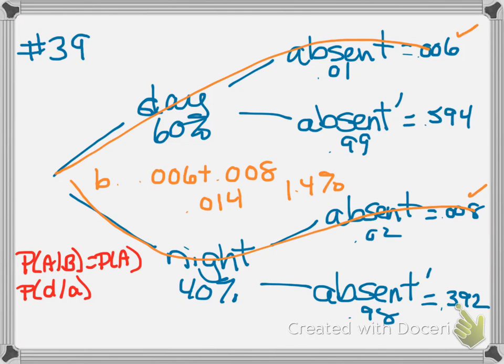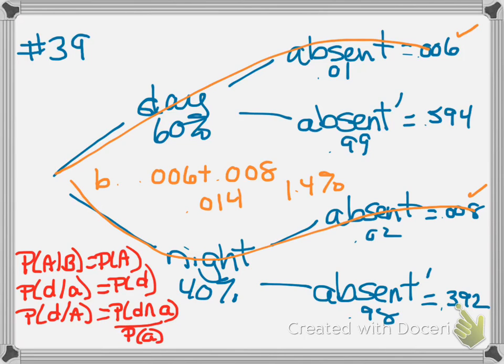All right, so I'm going to say the probability that somebody works the day shift, given that they are absent, does that equal the probability of working the day shift? Okay, so the probability that they are working the day shift, given that they are absent, is the probability of D given A, which is equal to the probability of D and A divided by the probability of A. Now we found the probability that they are absent.